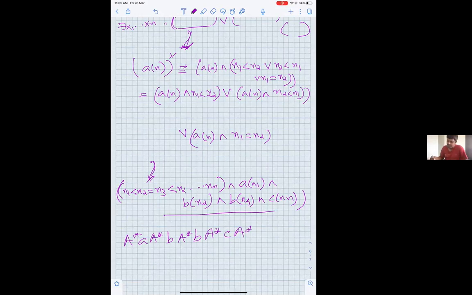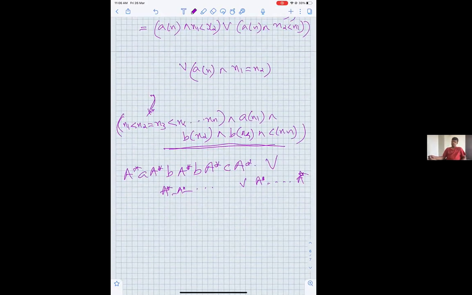Because all we are saying is that there exist some positions x1, x2, x4, up to xn, such that x1 is labeled by A, x2 is labeled by B, x4 is labeled by B, and xn is labeled by C. So I will write this conjunct as this. Similarly, all other conjuncts, I will be able to write as some A star something, some A star something, and so on.